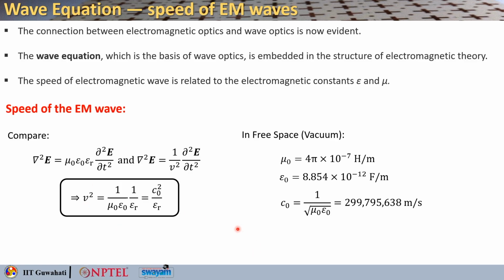So, this is how you can obtain the speed of light, or the speed of any electromagnetic wave in any medium having this epsilon r. So, v square equals c naught square by epsilon r, so v equals c divided by square root of epsilon r. Now, if this material is lossless, then the square root of epsilon r will be simply the refractive index of that material. Okay. So, with that we will conclude this lecture.